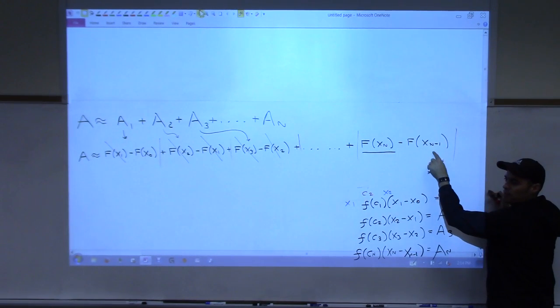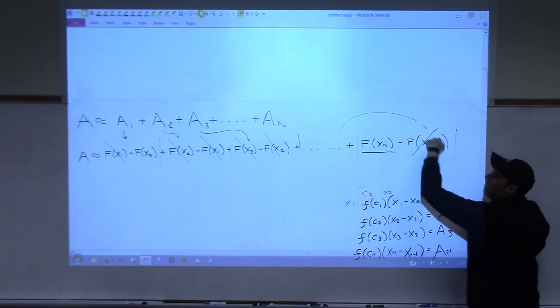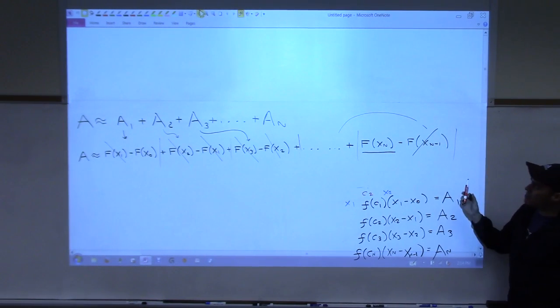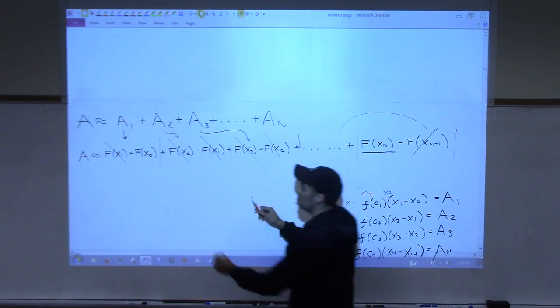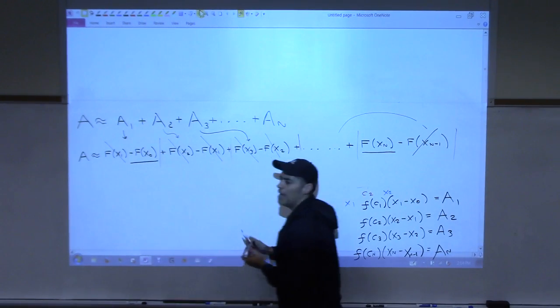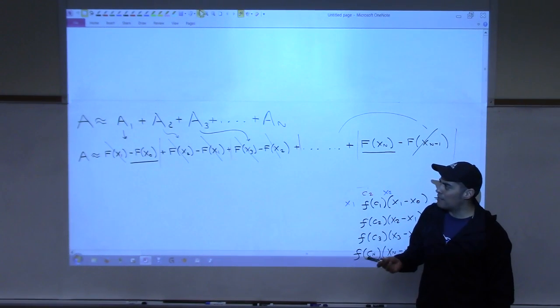Now what about this one? Does this one get killed off? Yes. By what? The one before it, right? The one before it killed that one off. So what's still here? Capital F of x sub n and capital F of x sub 0. But what was x sub 0?